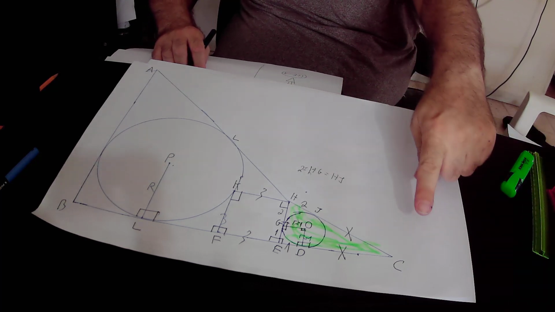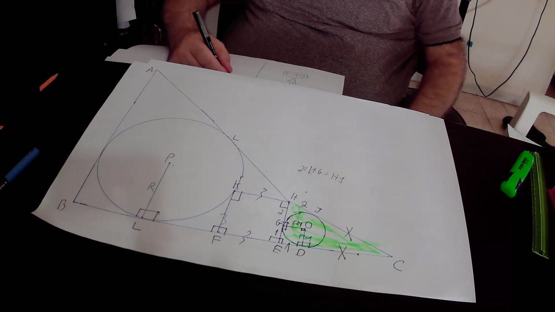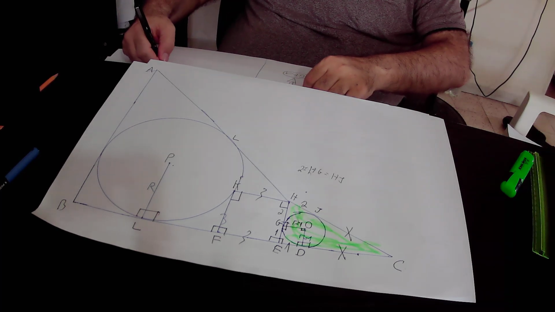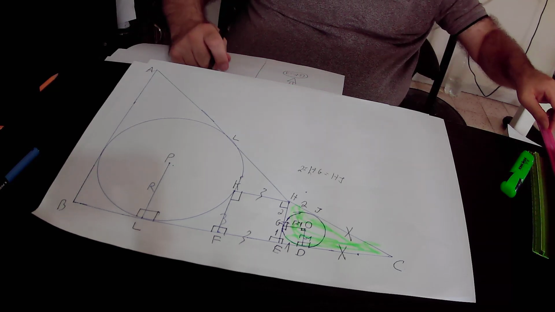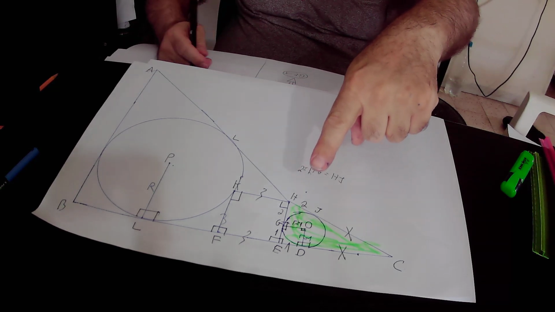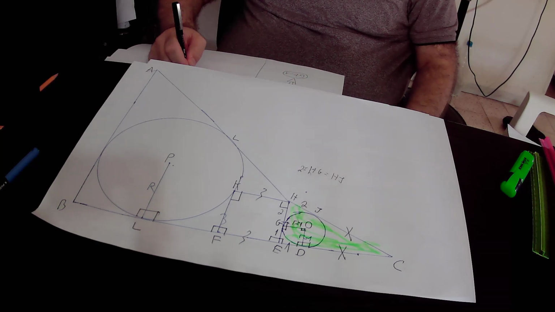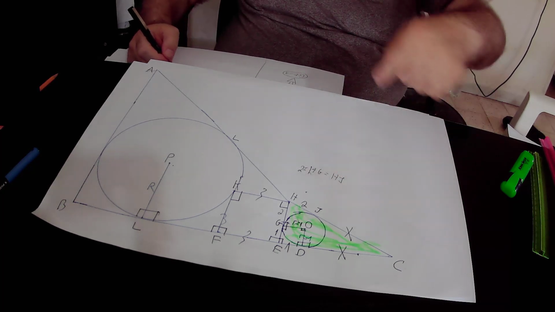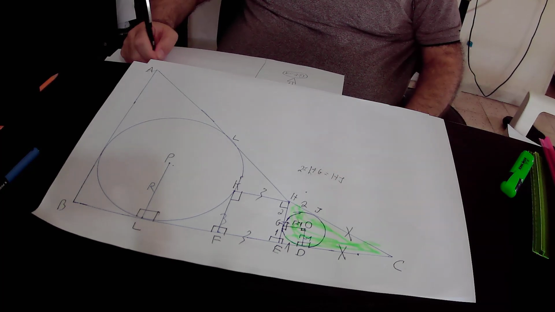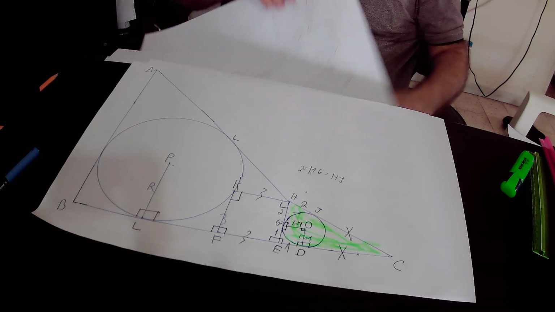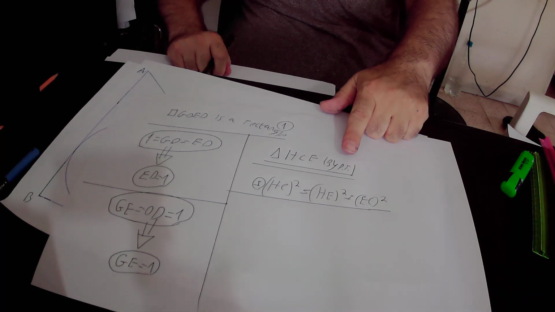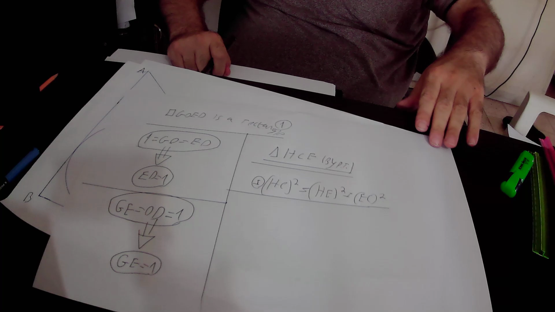That is to say, HC square equals HE square plus EC square. Repeat again, in the right green triangle HCE, HC square equals HE square plus EC square.